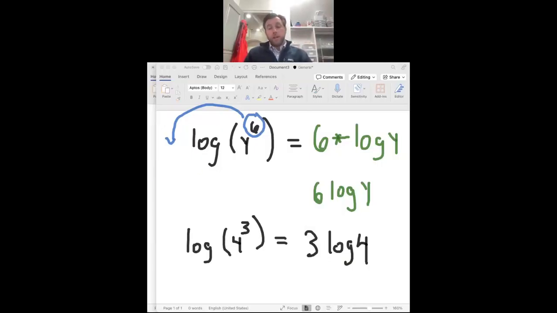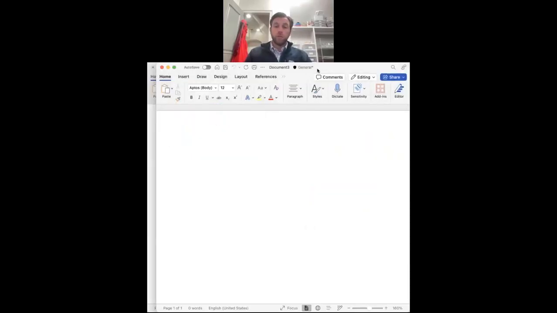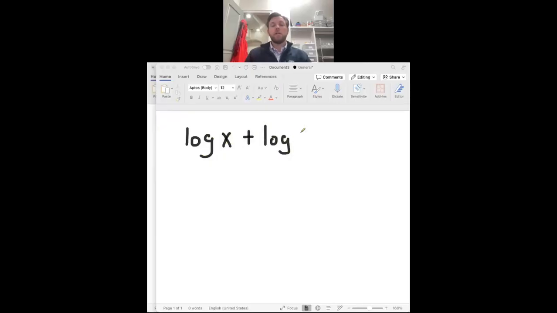The cool thing is that these rules also work in reverse. That's sort of necessary for the next lesson, which we may or may not get to, but you may be presented with that here. So suppose I have the log of x plus the log of 2.